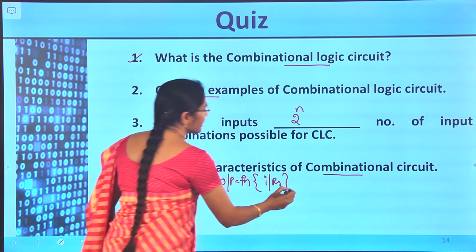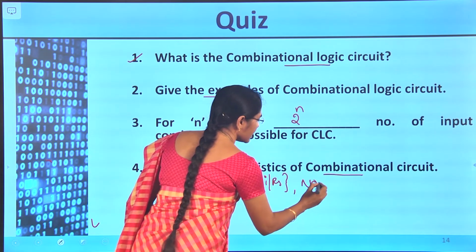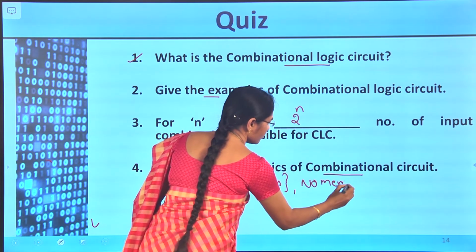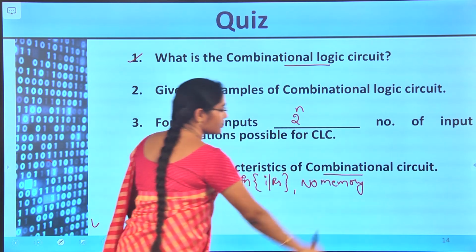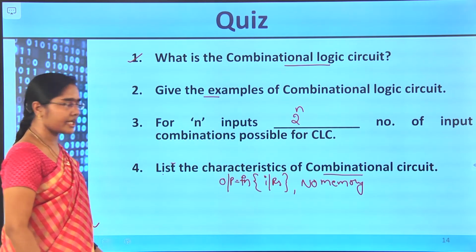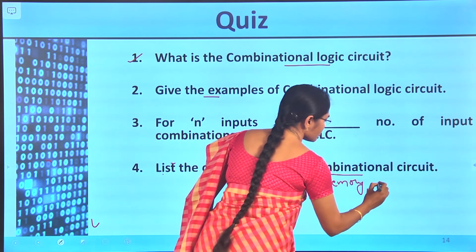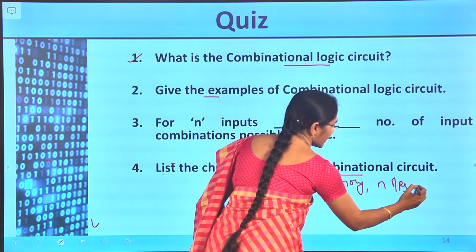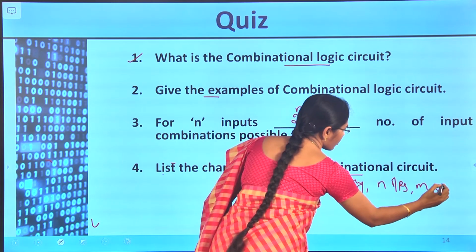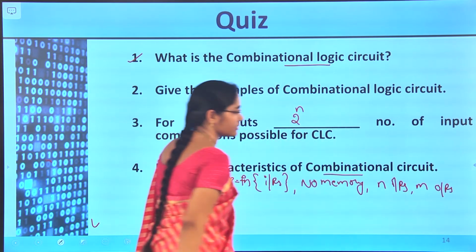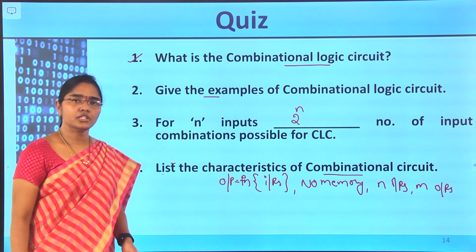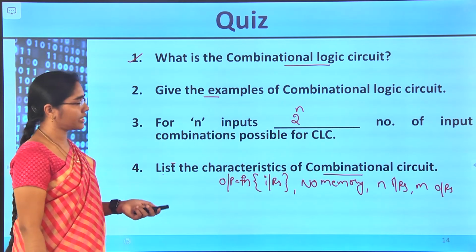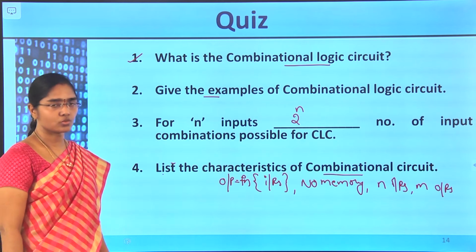It means it does not require any storage, so no memory, and these circuits use n number of inputs and m outputs. N and m may not be equal and those should be greater than or equal to 1.